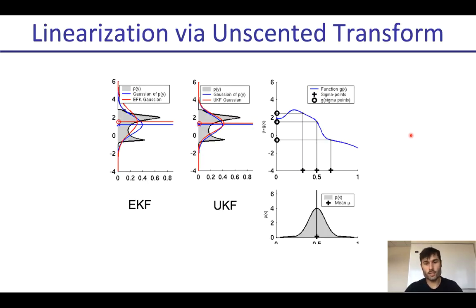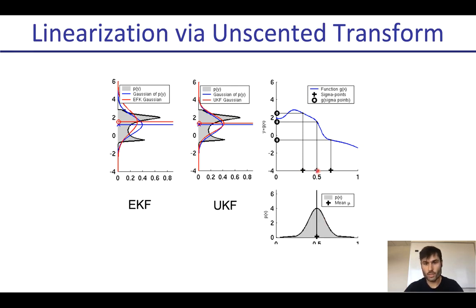This plot shows us the difference between doing UKF and EKF. In the extended Kalman filter case, we pass this Gaussian through the Taylor approximation. We have this line over here, the Taylor approximation around the mean of the nonlinear function, and this is the resulting Gaussian, which you then use for the Kalman filter. Instead, in the UKF case, we sample a set of points.